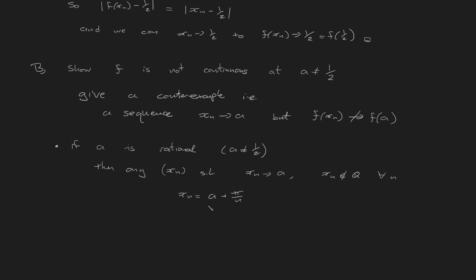There's a few details left, which can be left as an exercise. And then in the final case, if a is irrational, then any sequence xn converging to a where xn is a rational number works. One example you can take, if a is an irrational number, is xn the value of a up to n decimal places.